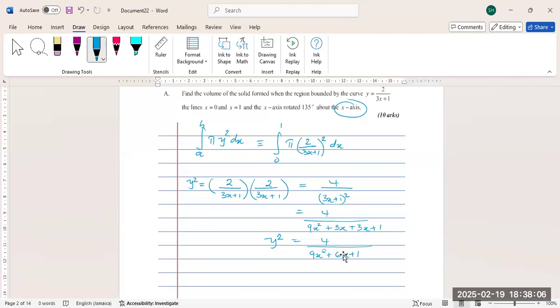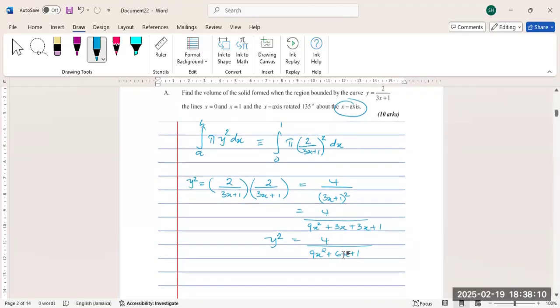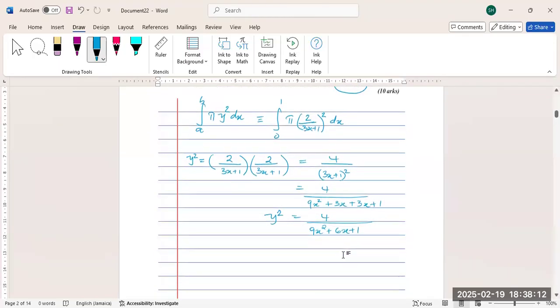So let's go. How do we integrate that now? Any ideas? Me do the same thing. Add 1 to the exponent of the top, which is 9x cubed over 3 plus 6x squared over 2 plus x.